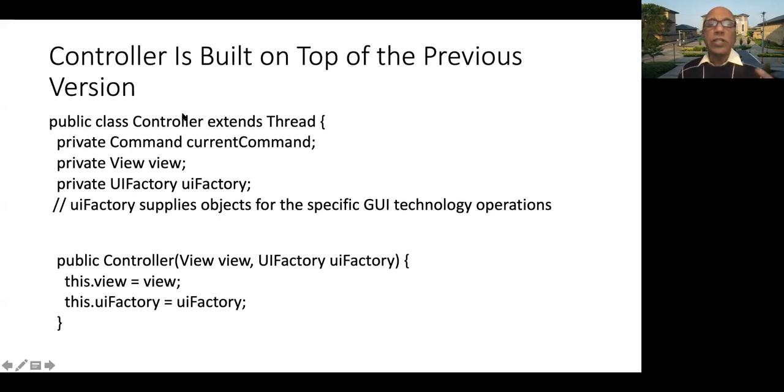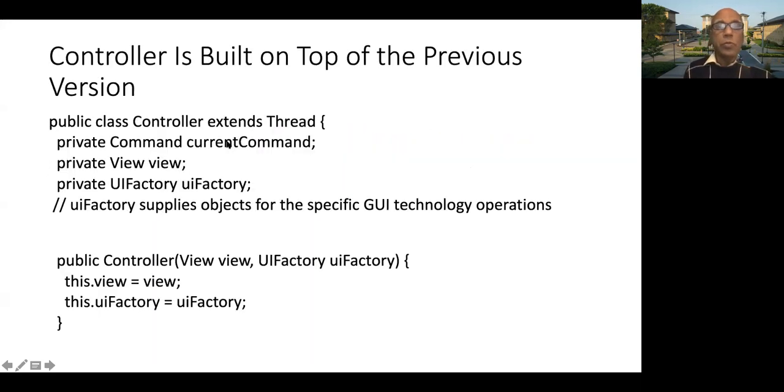And the controller is built on top of the controller that we looked at previously. Only thing is now we have the controller extending thread so that it runs in parallel with the GUI. We still have the current command field to remember what the current command is, and every controller is associated with a single view.